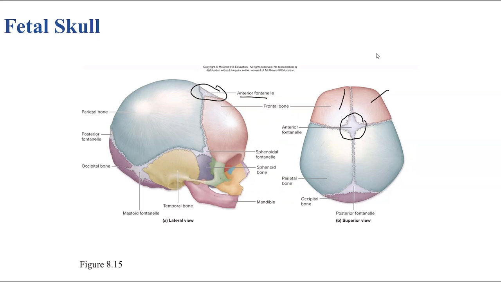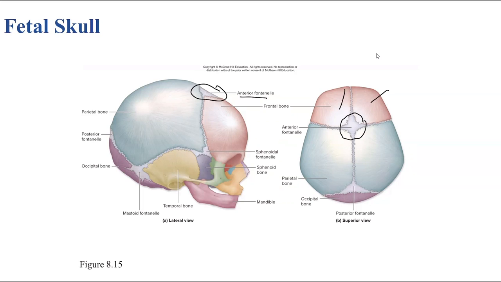And when you're giving birth, the skull can be constricted, or pushed in, rather than having this big solid head come out. They're called the fontanelles, and lots of times people call them soft spots, but the proper anatomy term is fontanelles.